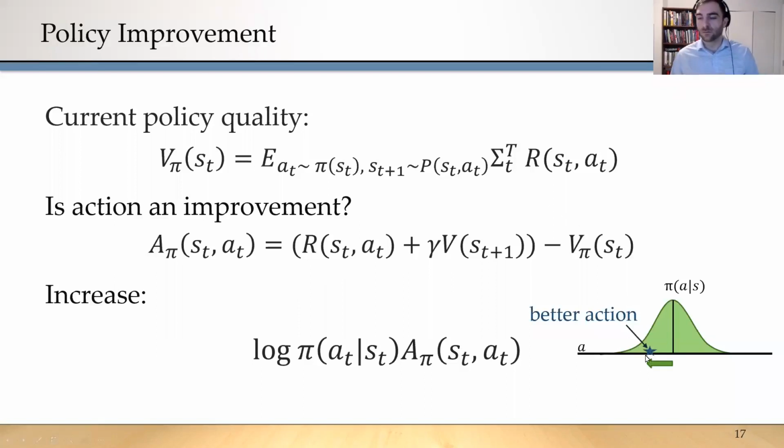And then when one of these actions is found, you can use this advantage as a type of score function, such that you can adjust the policy distribution to reinforce this new action that's been found to be better because it has a higher advantage value, to shift the overall policy distribution more towards producing this action the next time the agent is in this same state, according to this model.